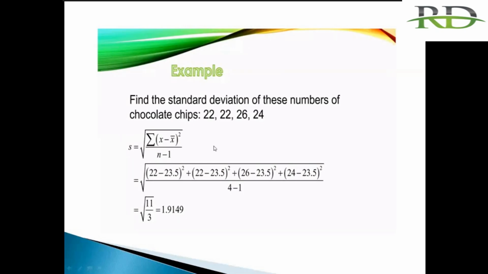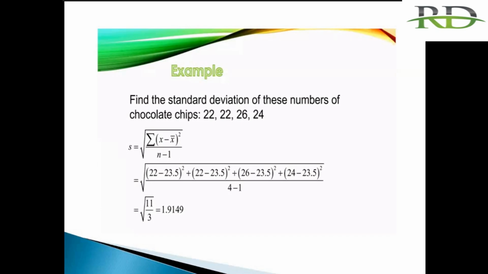Sir, is it that if the number of observations is less than 30, we use n minus 1? No, if it is more than that, then it will not impact much. So every time we should use N minus 1 if we are taking the sample variance, because it is unbiased for the population.